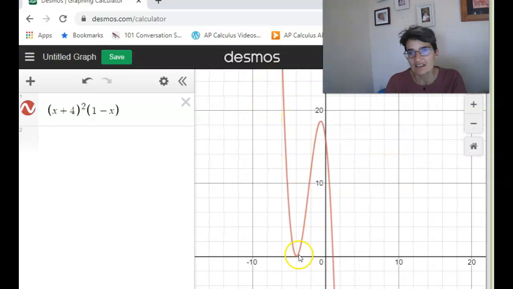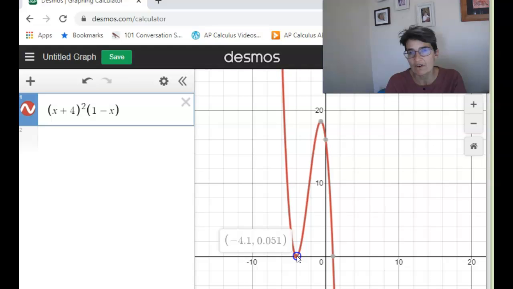So we can see that at negative 4, it touches and turns. This starts at positive infinity. It touches and turns at negative 4. It goes up and then down to the 16, and then it crosses through at 1, and then the y value goes down to negative infinity.